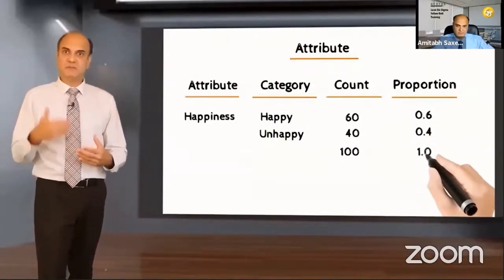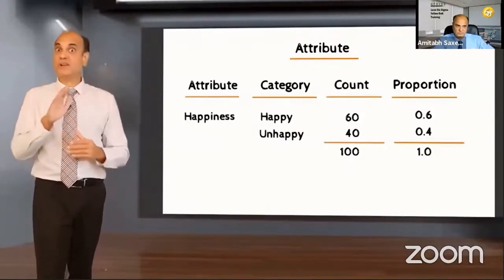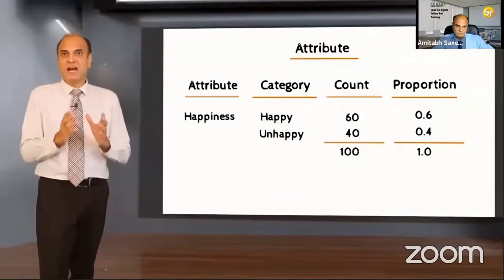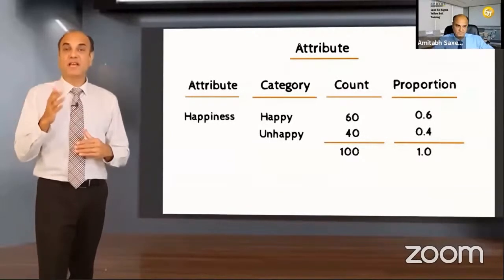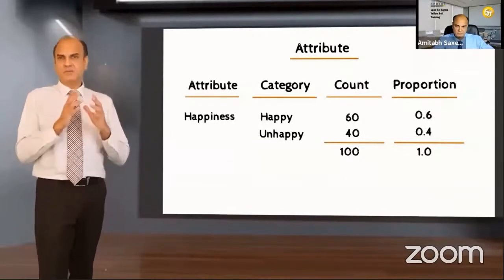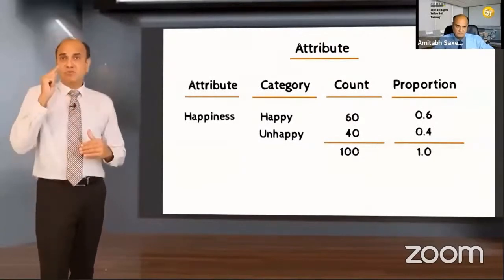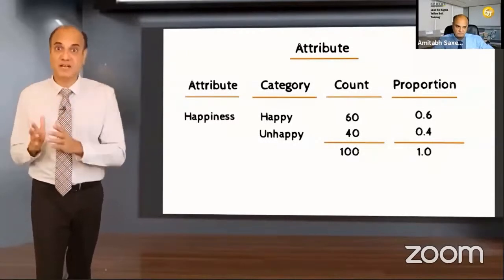And it can also be expressed as a percentage. Now this proportion or percentage doesn't have a unit. And a count, like 60 employees, I can't have 60.1 employees who are happy. So the count will not have any decimal point. So this is what continuous data and attribute data is. It is very important to know the difference between continuous and attribute data.